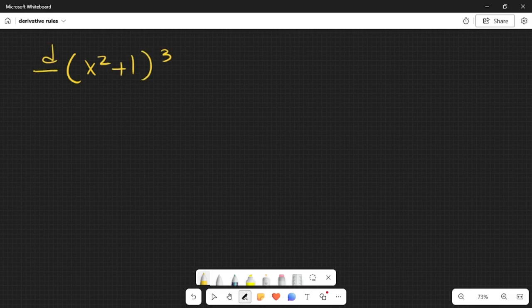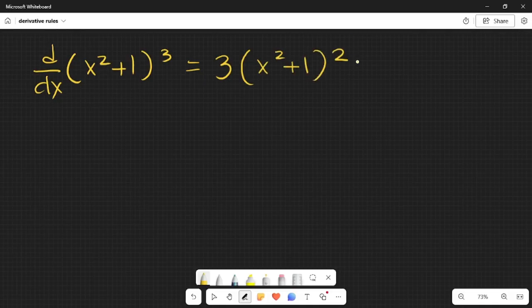And we're going to find its derivative. Again, using the chain rule, we're going to get the entire function and treat it just like how we would use it in a power rule. So we're going to put 3 in the front, and then we're going to put x squared plus 1. Now we're going to multiply it by what's inside the function.